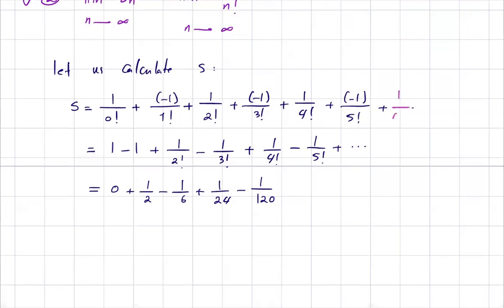Plus 1 divided by 6 factorial plus negative 1 divided by 7 factorial plus 1 over 8 factorial plus the rest of the terms.